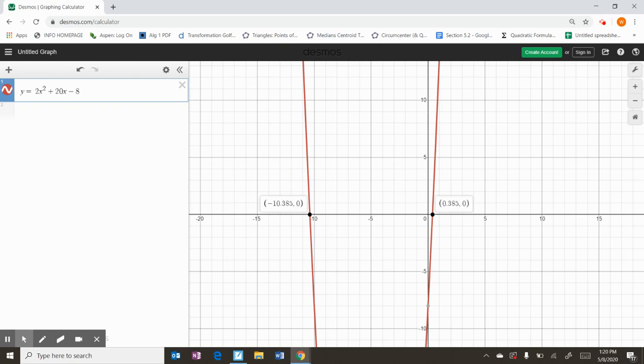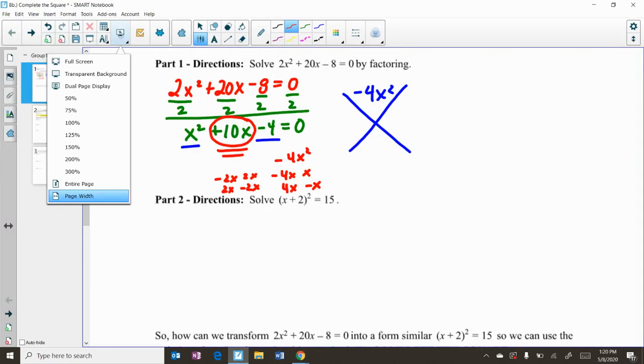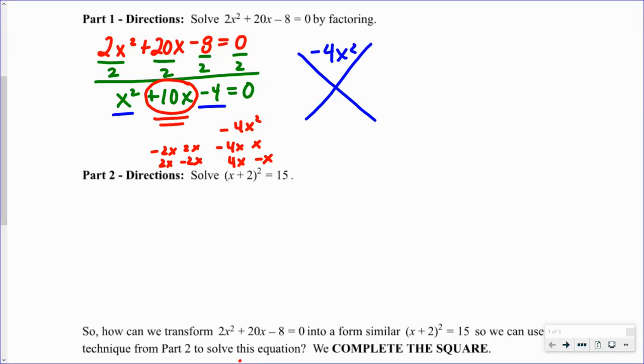So let's go back to the notes. The solutions to this equation are x is approximately 0.39, or x is approximately negative 10.39. So we know that there are solutions to this equation. The question just becomes, how do we find those solutions?